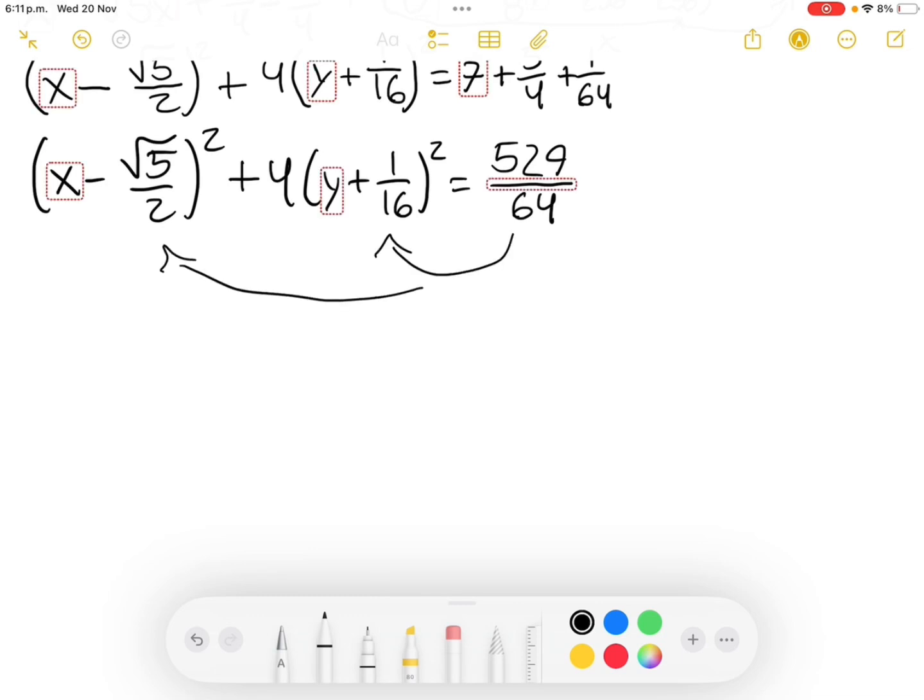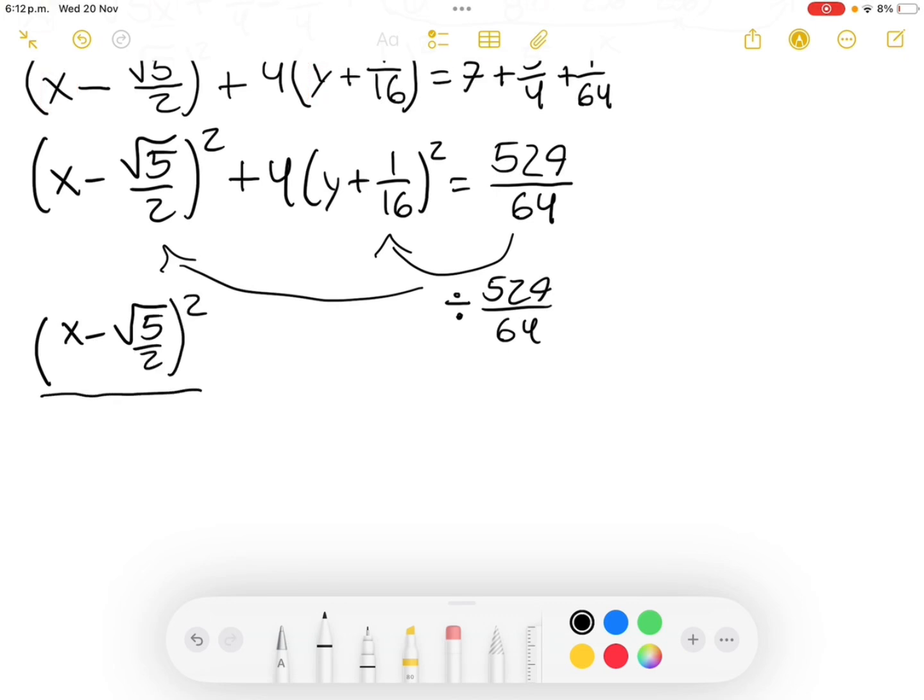So now we need to normalize the expression by dividing these terms by 524 under 64. The formula is going to give us this: x minus the square root of 5 under 2, squared, and all of this is going to be under 524 under 64.